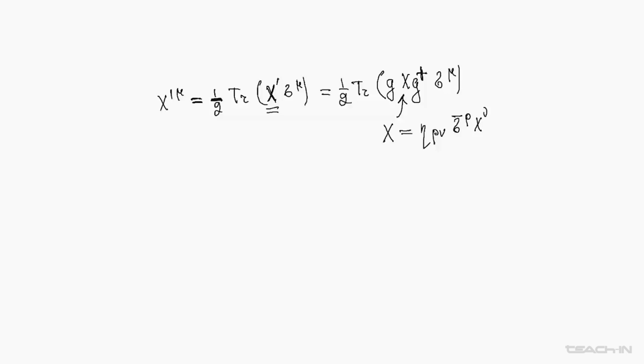For each row, it's a 2x2 matrix. But eta rho nu and x nu, these are just numbers. I can take them out of the trace. And so I'm writing 1/2 trace G sigma bar rho G dagger sigma mu, and eta rho nu x nu I'm taking out of the trace.